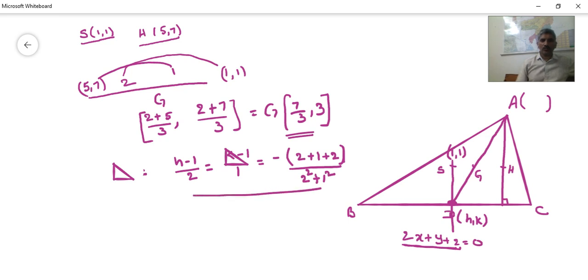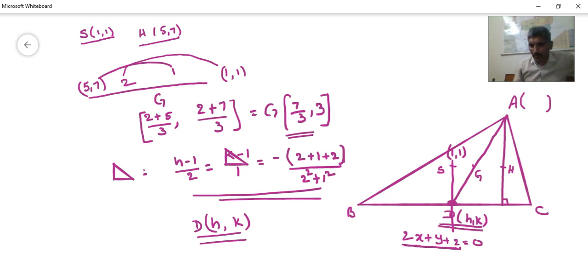So from this information we will get the value of h and k. That means we are getting the coordinates of D.